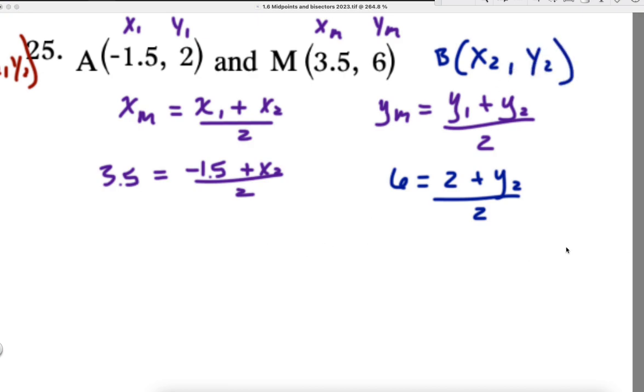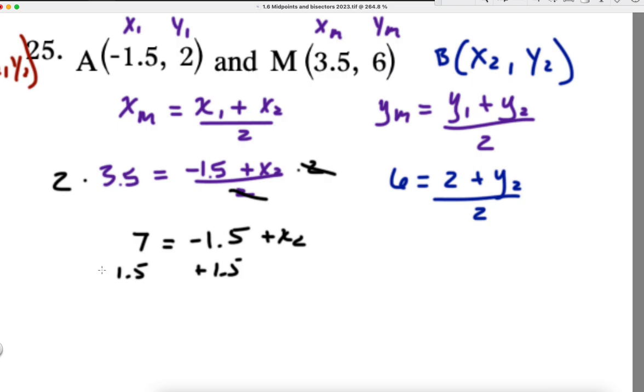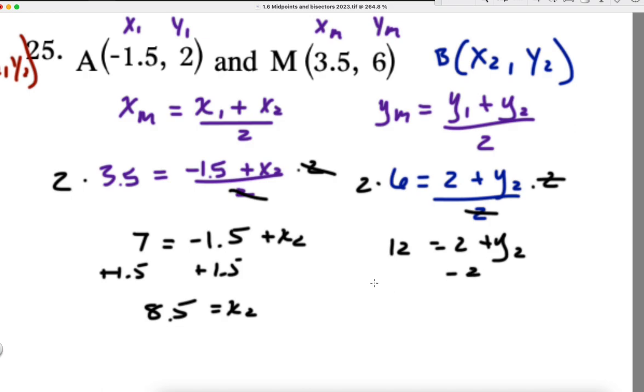Now let's solve. Multiply 2 to both sides to get rid of the divide 2. 2 times 3.5 is 7. And then we're going to add 1.5 to 7. 8.5 is my x sub 2 value. We're going to multiply 2 to the right and left side and solve for y2.